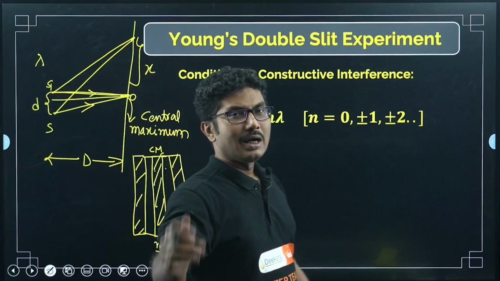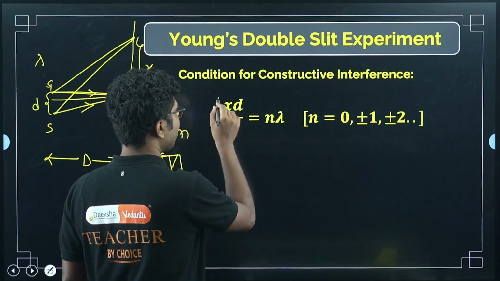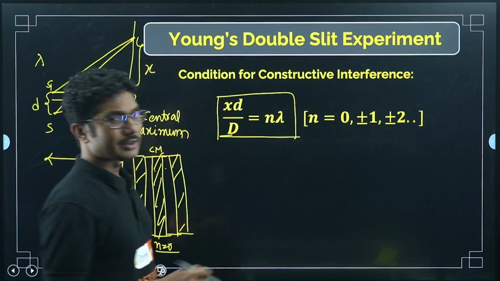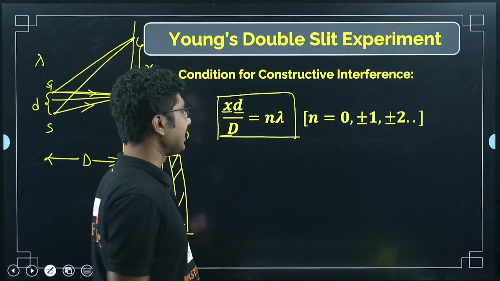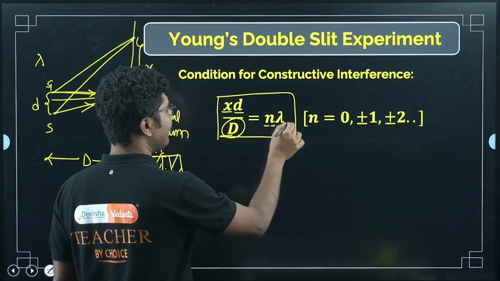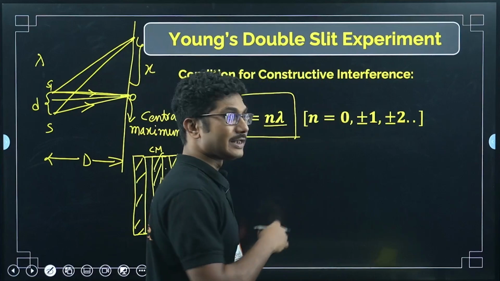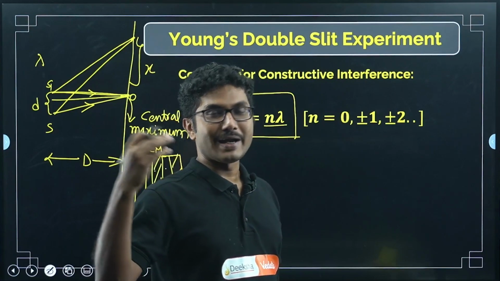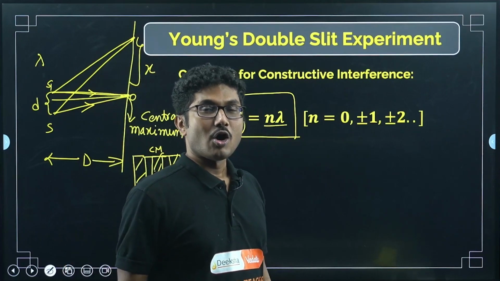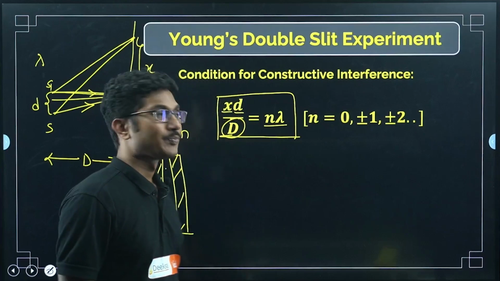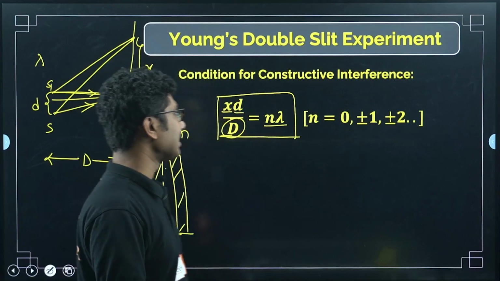Then it will be constructive interference, or a maxima, if they satisfy this relation: xd/D = nλ. You multiply x by small d and divide by capital D. If you get any integral multiple of lambda, meaning 1 lambda, 2 lambda, 5 lambda, then we can consider it constructive interference. But if it is 1.5 lambda or anything in between, say 1.7 lambda, 1.9 lambda, then it will not be constructive interference.